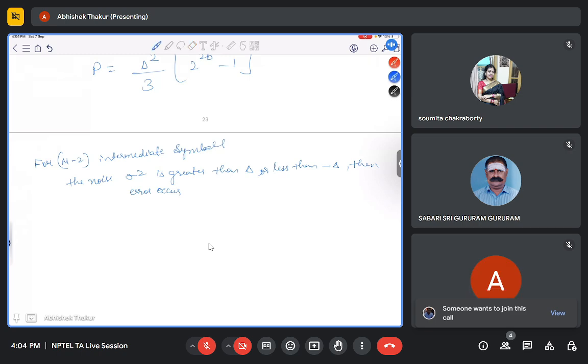So the probability of error is equal to the probability that the noise is greater than or equal to delta, or the noise is less than minus delta. We can write this by dividing by sigma.